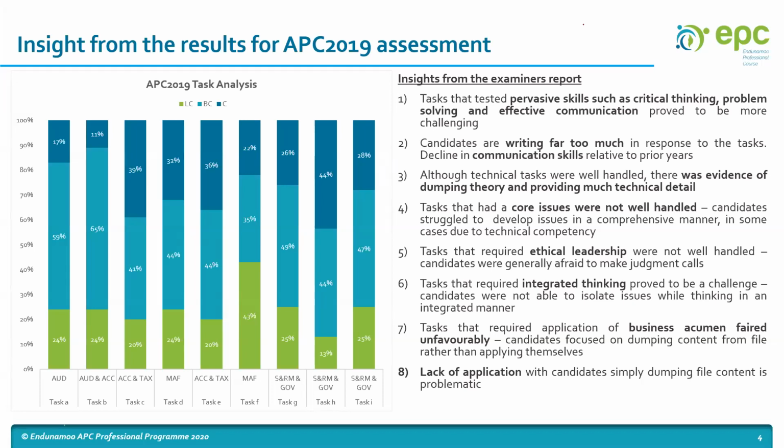The examiners then summarize those insights so that, in preparing for APC 2020, you can understand what really undermines or impairs your response, so that you can avoid it and secure a positive outcome come the assessment. That is just the insights coming from that examiner's report.